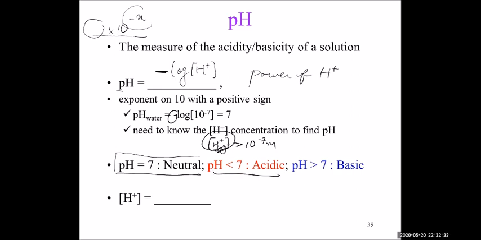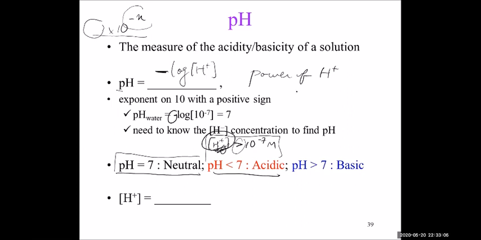Even though pH means the power of hydrogen, the smaller number actually means a higher concentration of H+. pH less than 7 is actually acidic, when you have a concentration larger than 10 to the negative 7. Why is there a flip? Why does larger than become smaller than? Because we put a negative. When you put a negative, it simply reverses the comparison.